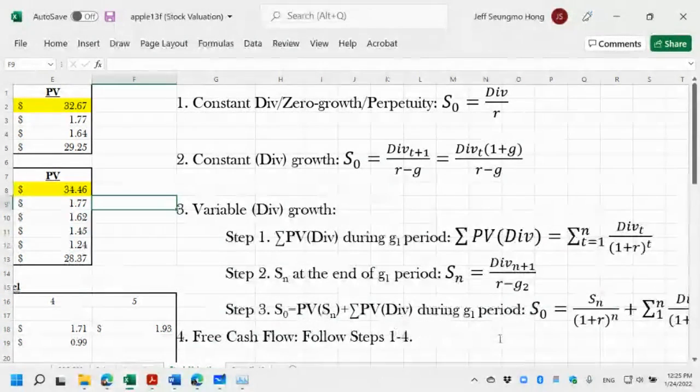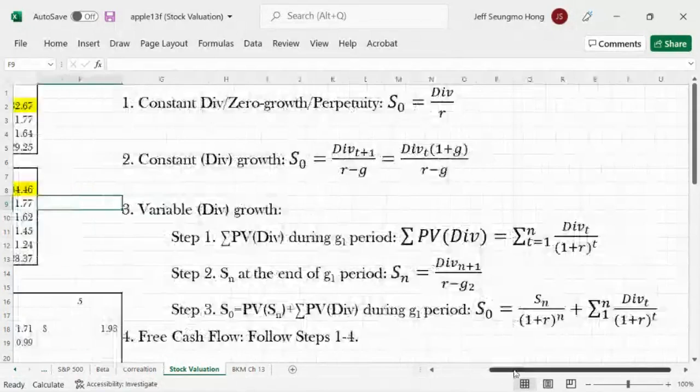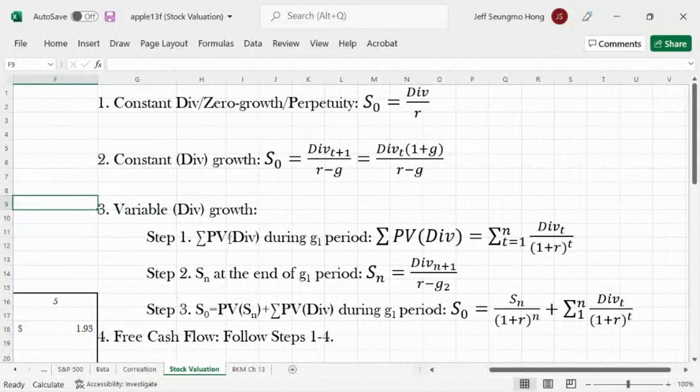But to apply the variable growth model, it's actually just an application of the Gordon growth model. Why? Because it's just breaking it up into 3 steps. Step 1.